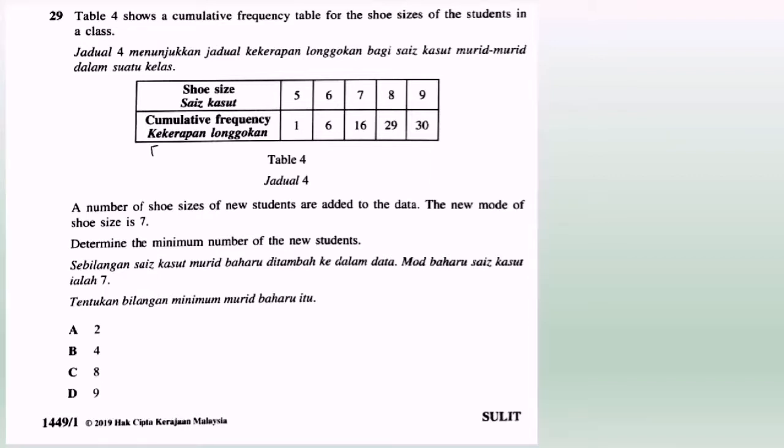So I need to find the frequency first. First, the frequency is 1. The next is 6 minus 1 is 5. 16 minus 6 is 10. 29 minus 16 equals 13. And 30 minus 29 equals 1.